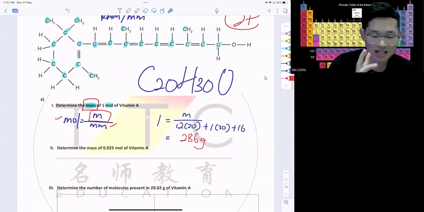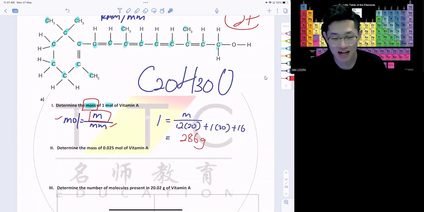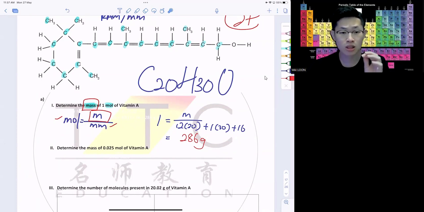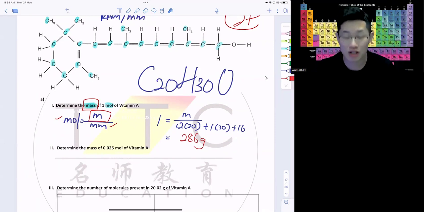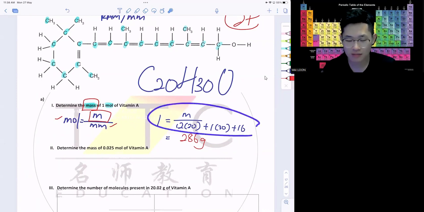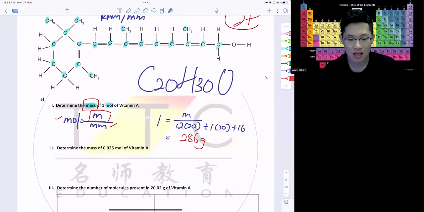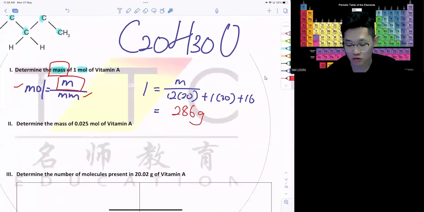I think there's another common mistake that students make during their calculation. If you know that you always make mistakes when pressing your calculator, then try not to press the whole thing at one time. Always separate it and do it part by part. This is what I do.